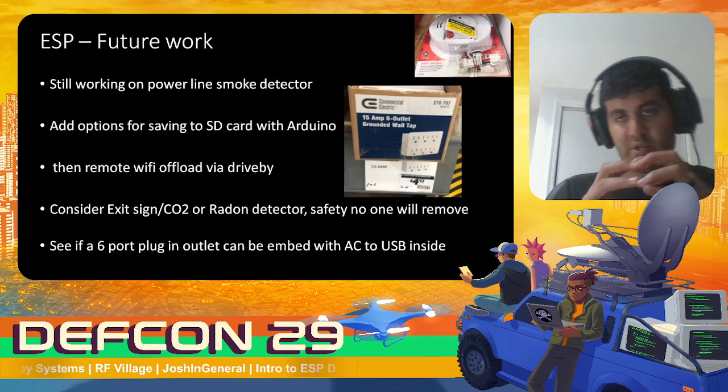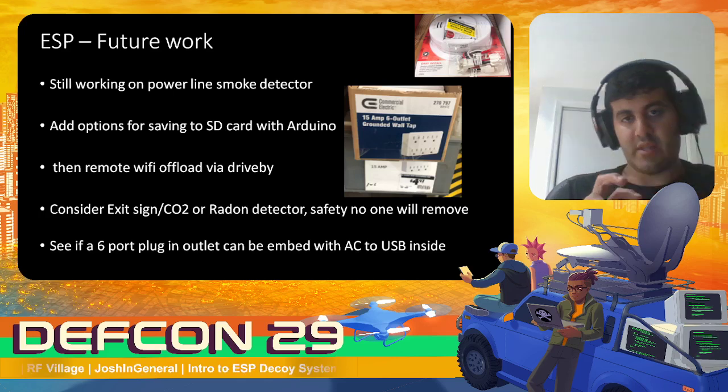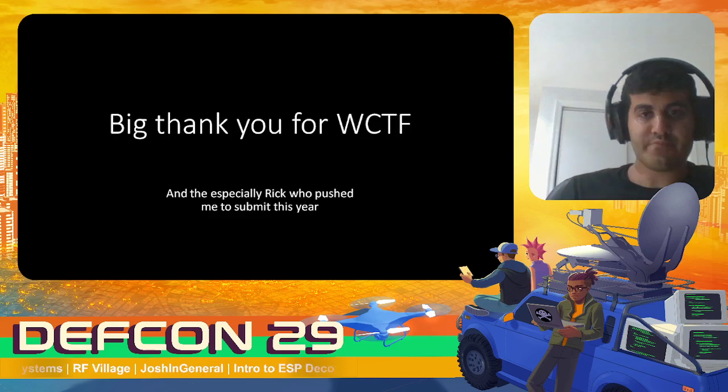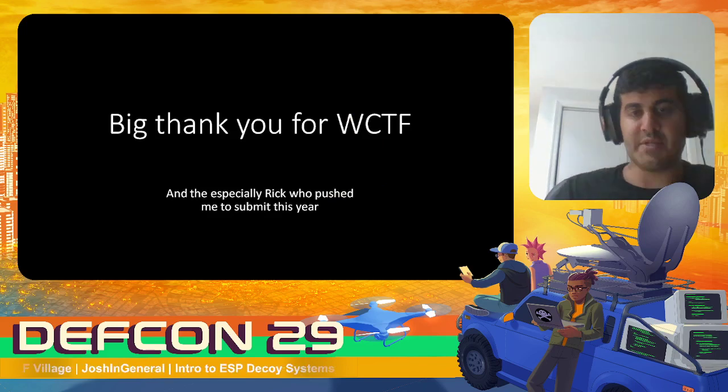And then finally, I want to see if I could do a 6-port plug that extends a regular outlet from 1 or 2 ports to 6, and that would just be a simple plug-in. Once again, someone could remove that very easily, but it only takes a matter of seconds to plug that decoy in.